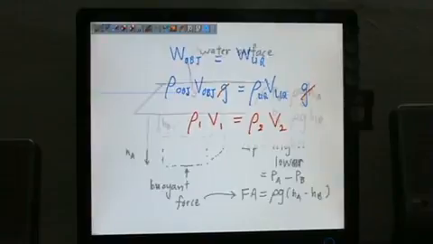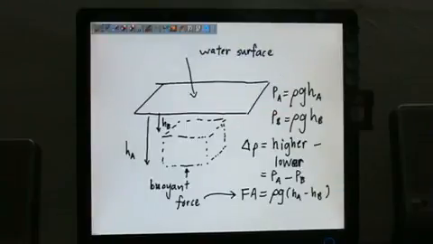Before that, we just go back to this. To prove that there's a buoyant force, or upthrust if you like to call it, we want to investigate some element of water below the water surface. At this point it is at the depth of HA, and at this point it is at the depth of HB.